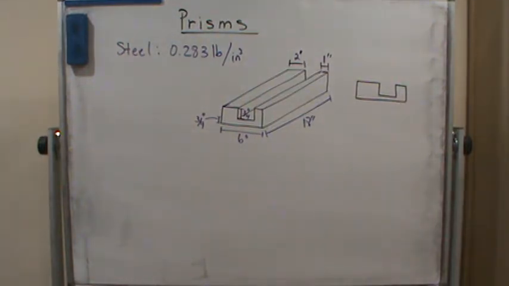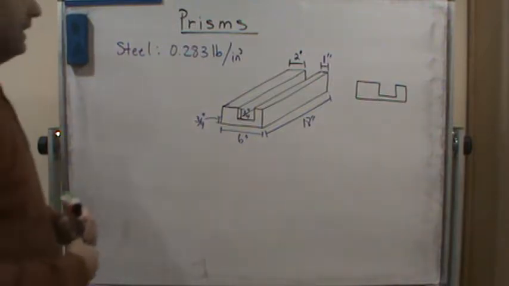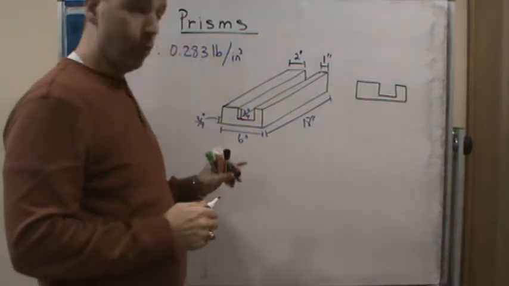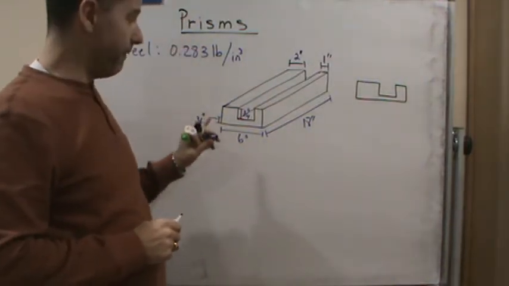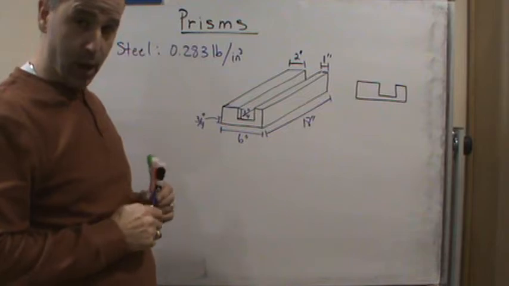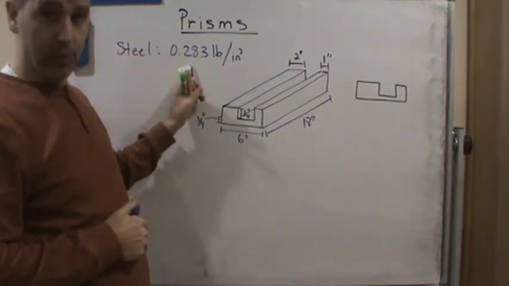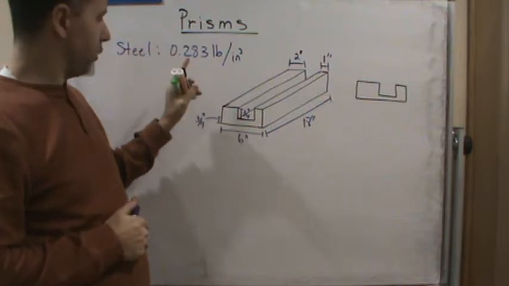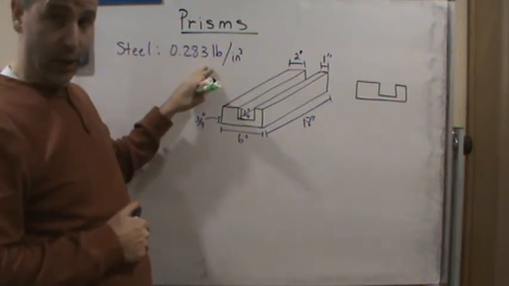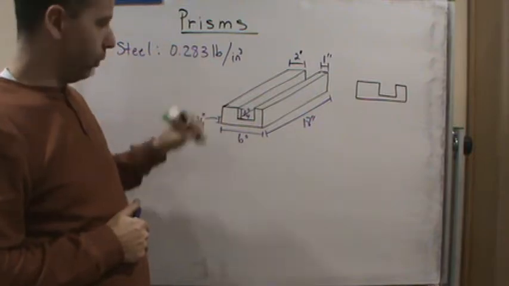Suppose we need to find the weight of the steel bar shown. Well, in this case, we're going to have to figure out the volume of this bar first. And then we could use the volume and the weight per unit volume to find the total weight of the bar.